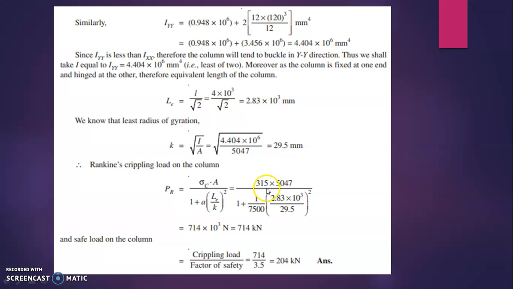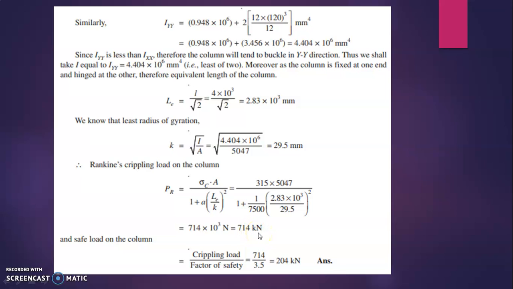Sigma C is 315 into area 5047 divided by 1 plus alpha, which is 1 divided by 7500 into LE 2.83 into 10 raised to 3 divided by 29.5 whole square. So you get PR equal to 714 into 10 raised to 3 Newton or 714 kilo Newton.